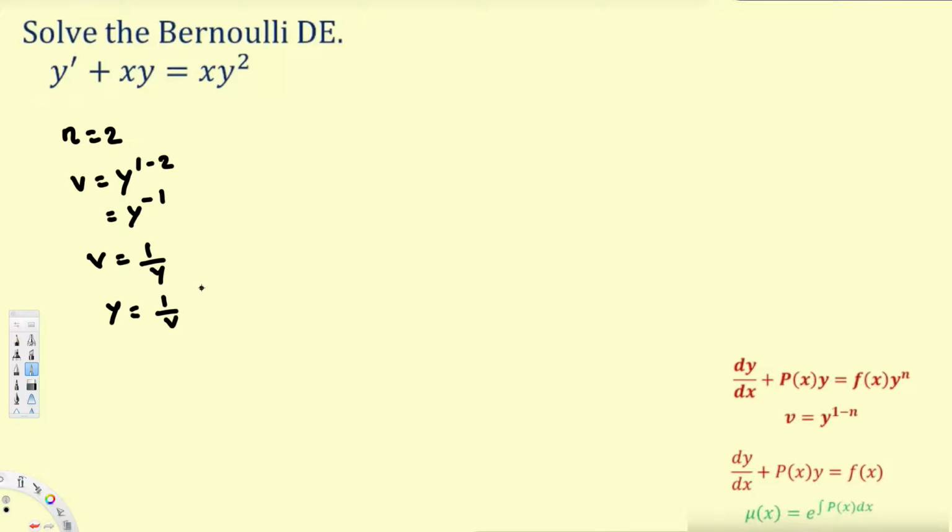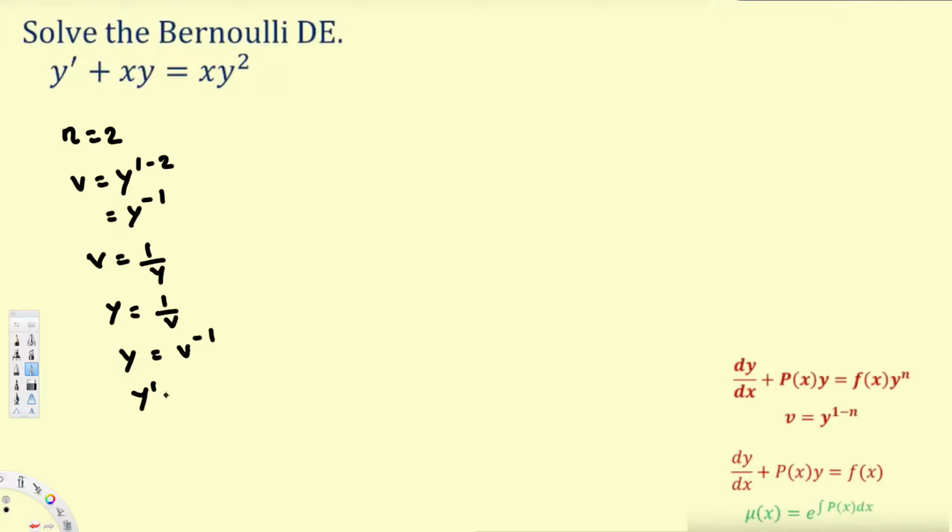To replace this, first we have to find the derivative of this. Since we are going to find the derivative with respect to x, because we are going to use dy dx, this is going to be a chain rule. Let's write this as y is equal to v power minus 1.